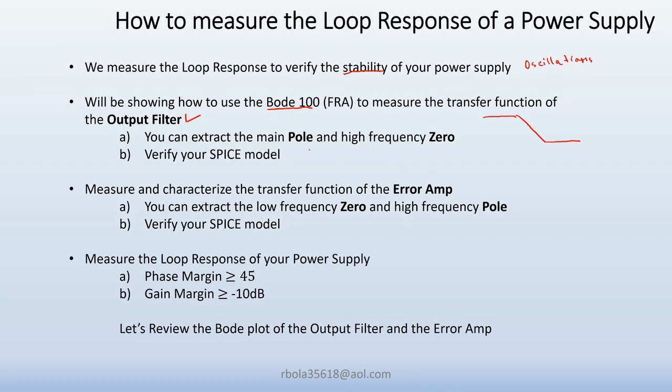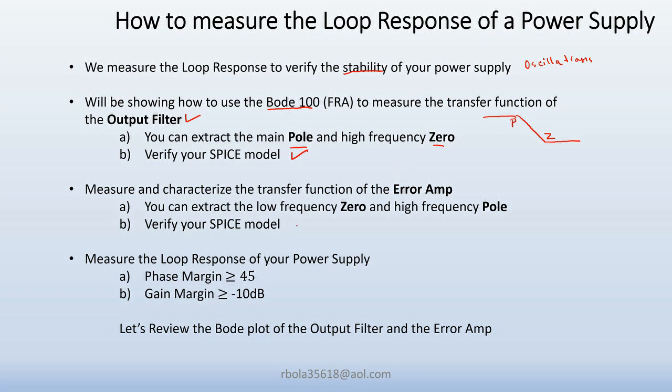So when we measure it, we extract the pole, and then we can extract the zero as well. Once you have that, you can do a spice model, and you can compare it with your measurement to verify it. If there's a little bit of discrepancy, you can adjust the spice model to match your measurement.